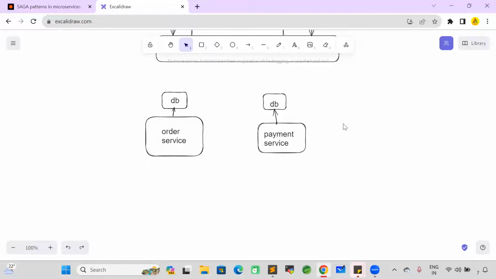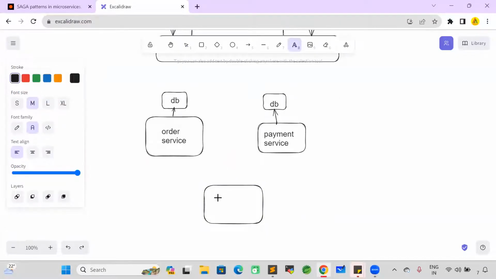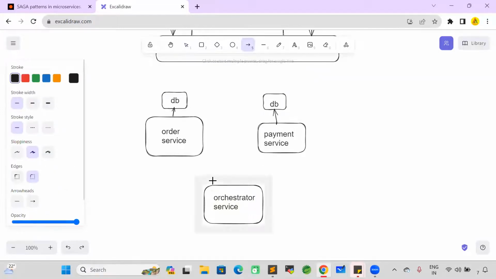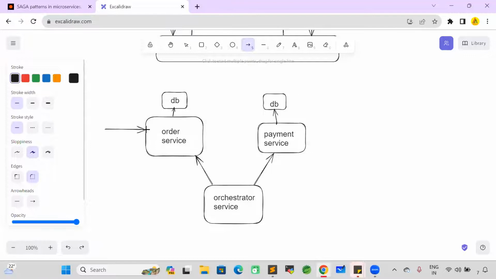To manage the transaction between these two services, there will be an orchestrator service, another microservice. This orchestrator service will be managing these two microservices. First, the order will be placed. The user is going to place the order.